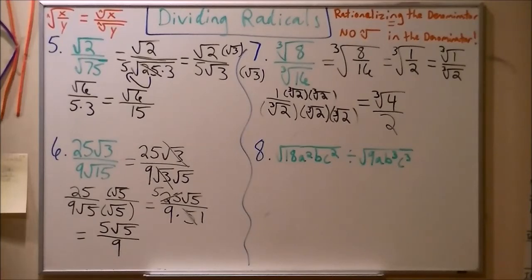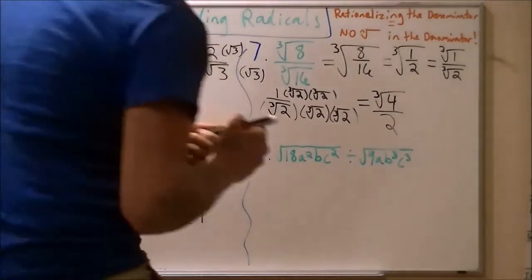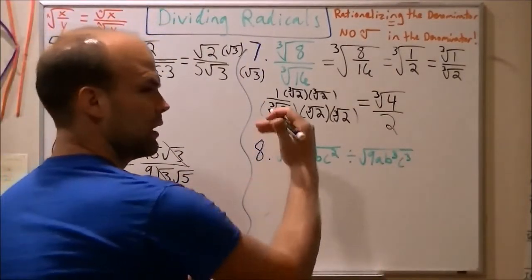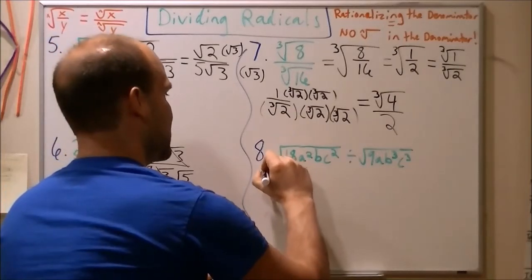Let's finish up strongly on number 8. It's not easy, but I don't know if it's as hard as what it looks either. Square root of 18a squared, b, c squared, divided by the square root of 9a, b cubed, c cubed. The first thing I'm going to do with this one is I'm going to line them up as a fraction. I think these help to do that.